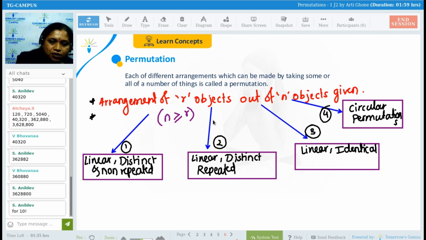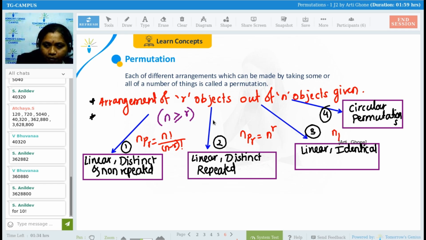Now just understand the difference. Write down in your notebook. Make this chart. This is a very important part. nPr is equal to n factorial upon n minus r factorial. Here permutation nPr is equal to n raised to power r, for the repeated one I am talking.